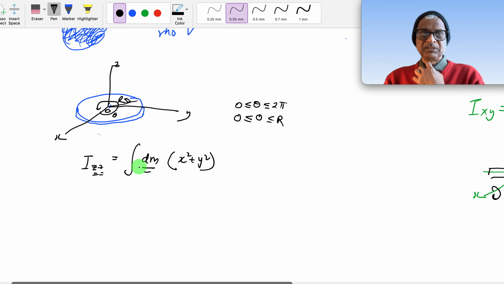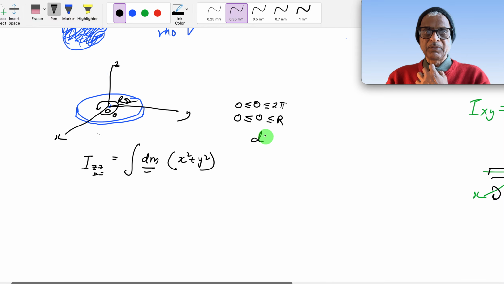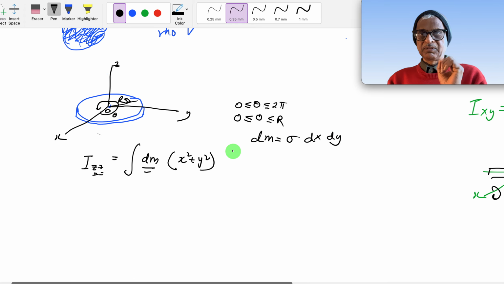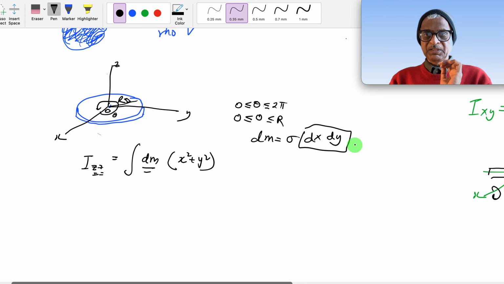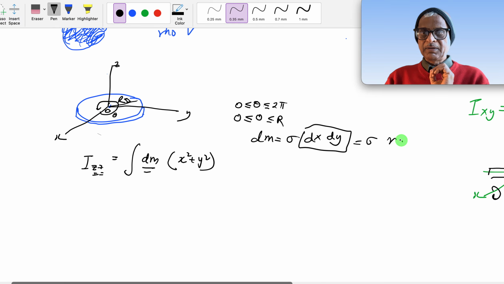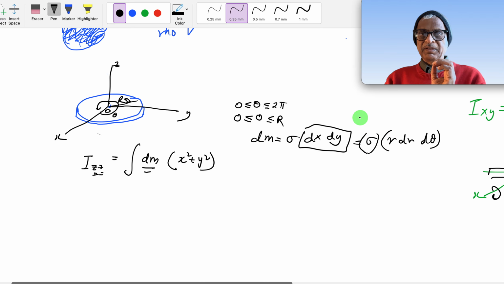So it looks like dm could be written as sigma dx dy using x and y, but this element doesn't have to be that way. We can write sigma r dr d theta. This is the polar coordinate. So we have a density.